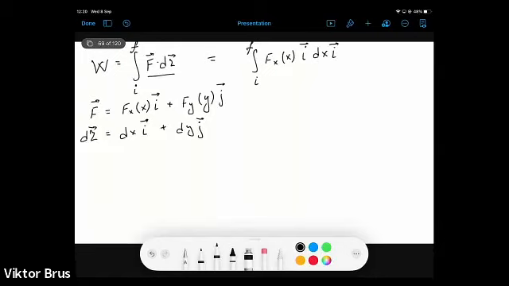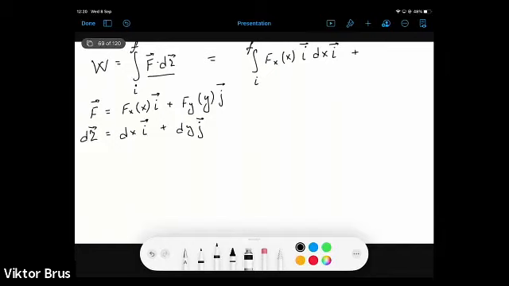So we have scalar product of two vectors which are aligned along the axis x, like x components of force and displacement vector.